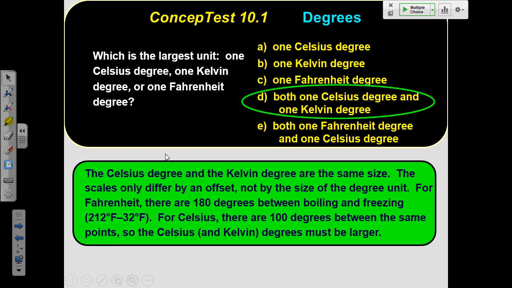And that works out on our equation, that whole TC is equal to T Kelvin minus 273. Right, there's not that 9/5 or 5/9 fraction in there because the size of the degrees are the same.